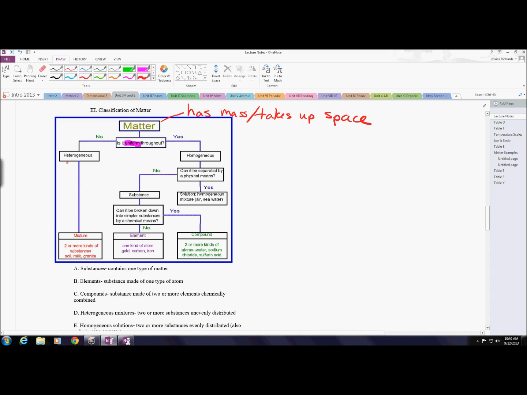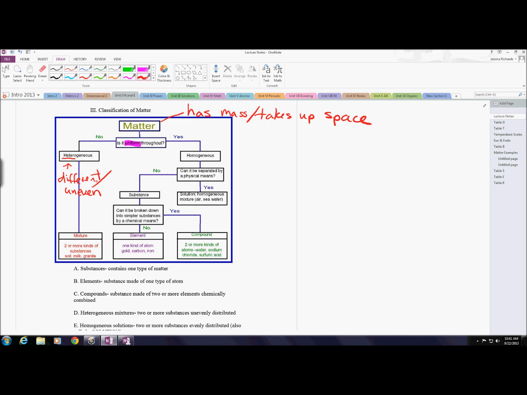Being different throughout is called heterogeneous. So this prefix hetero means different or uneven. So they'll talk about something being a heterogeneous substance if it is different throughout or if it's unevenly mixed.